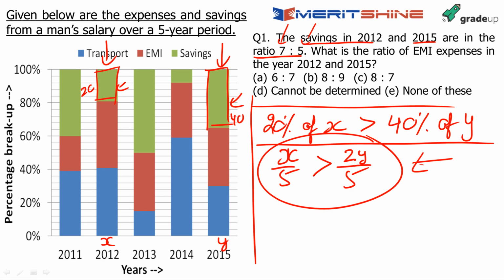Right? Okay. 20% of x is greater than 40% of y is fine with everybody. But what does this mean for you? This means that the value of x has to be at least twice of y. It means, can I say that x is greater than 2y?